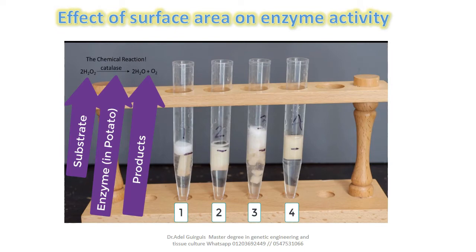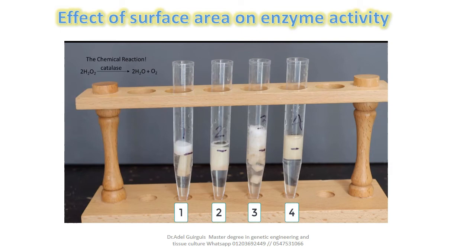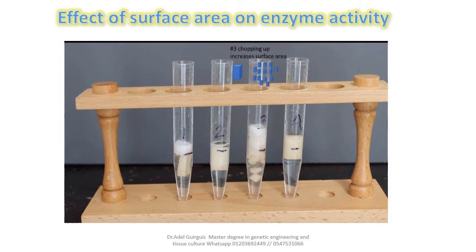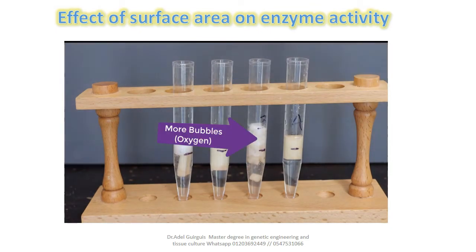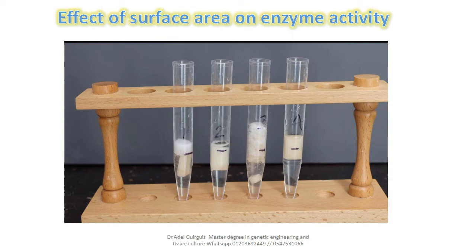And you can see in test tube 3 that by chopping up the potato and increasing the surface area, we allowed more of the enzyme catalase to come into contact with the substrate, which is hydrogen peroxide, resulting in more bubbles. So again, test tube 1 and test tube 3 give you the best results. By far, test tube 3 works the best.